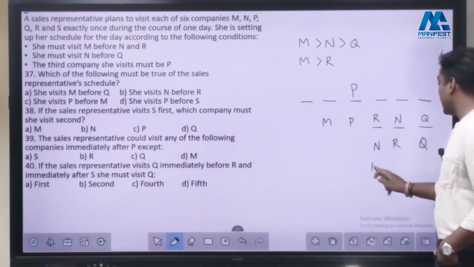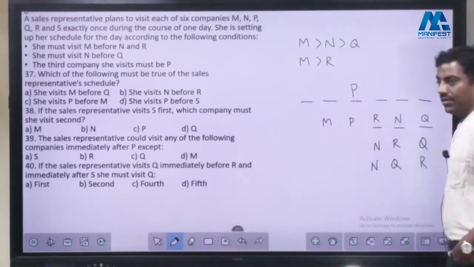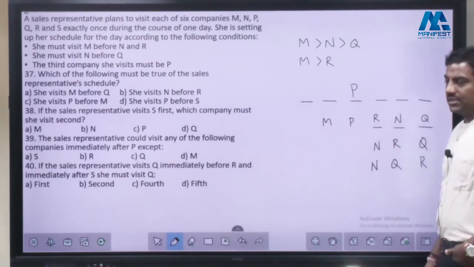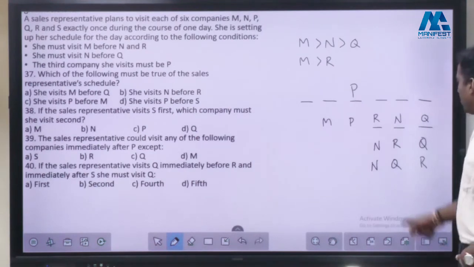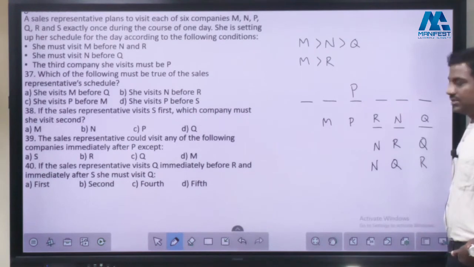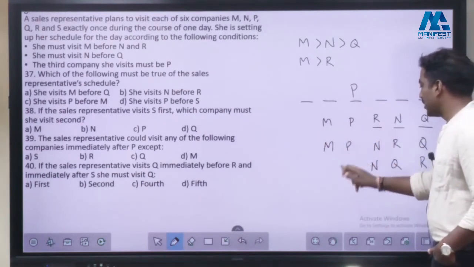If N comes here, Q can come here and R can come here. Yes or no? Yeah. Other possibilities? Anyways, Q will be after N only. Q cannot come first here. These are the possibilities when M is here and P is here.